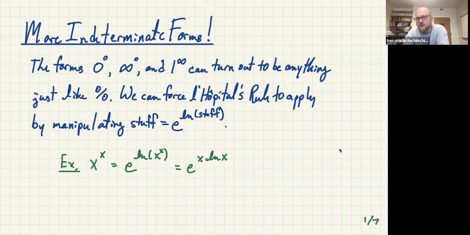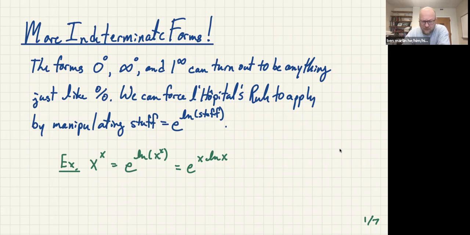It's a 0 times infinity case. And once you have that, we looked at before how you turn 0 times infinity into a 0 over 0 or an infinity over infinity. So that's where we're going on these. I know that means that you have to kind of build on stuff that was already hard to do with something else. But yeah, that's the nature of the beast.